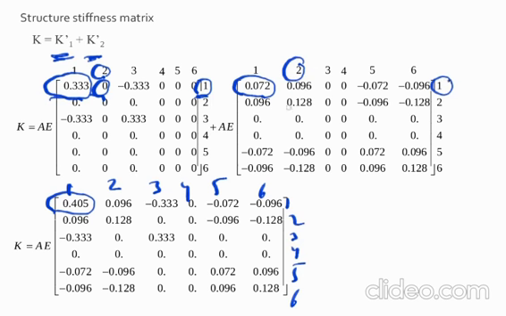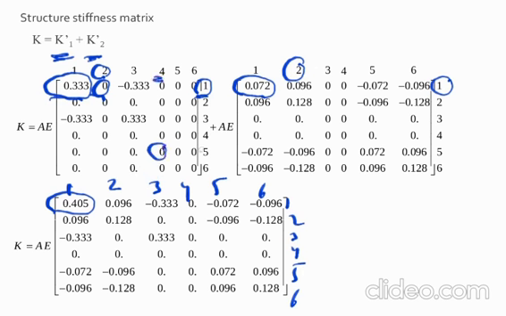So 0 plus 0.096 will be 0.096. Let me take another one, for example, 4 with 5.